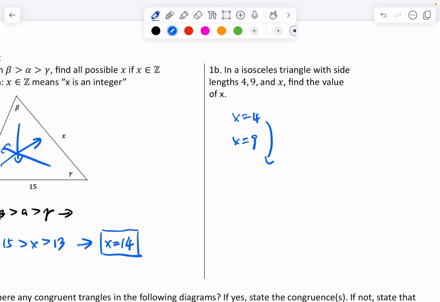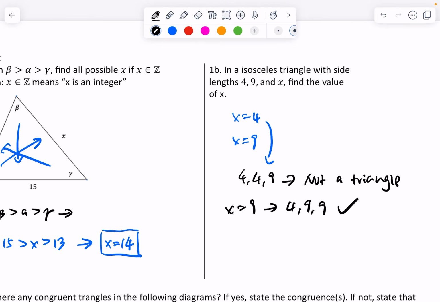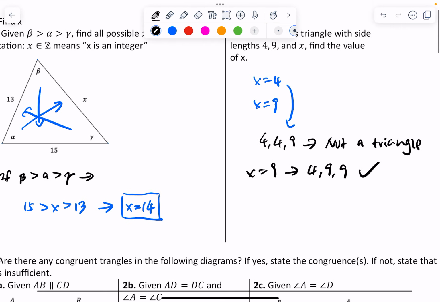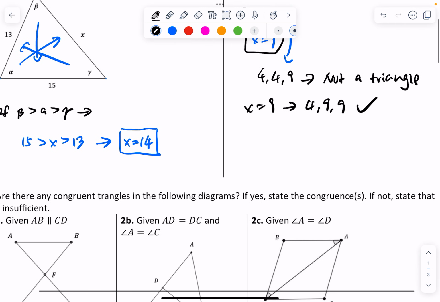But if x equals 4, what happens? We have a triangle 4, 4, 9, which is actually not a triangle. But when x equals 9, we have the triangle 4, 9, 9, which is a triangle. So the only solution that works is x equals 9, okay?